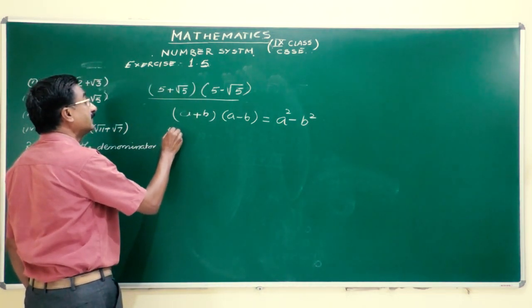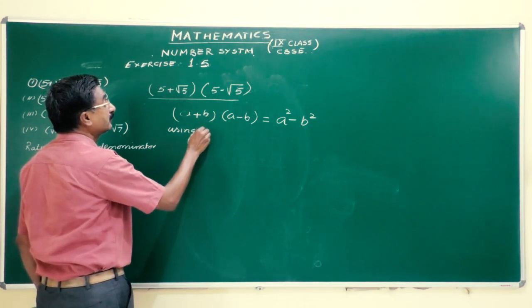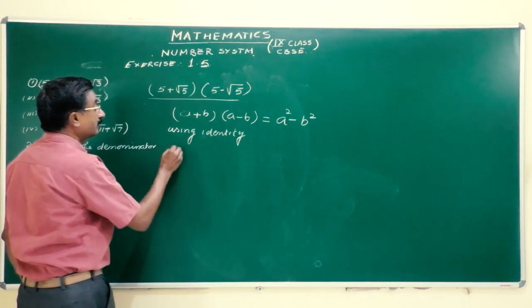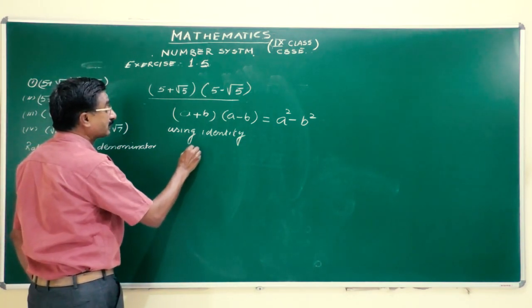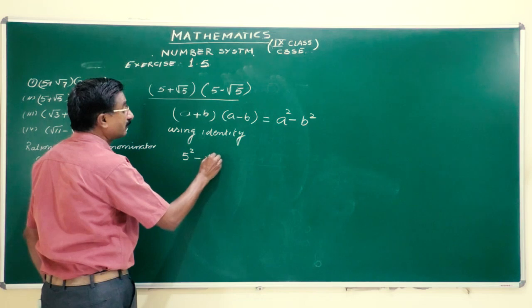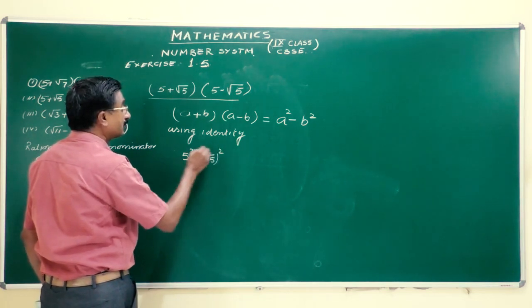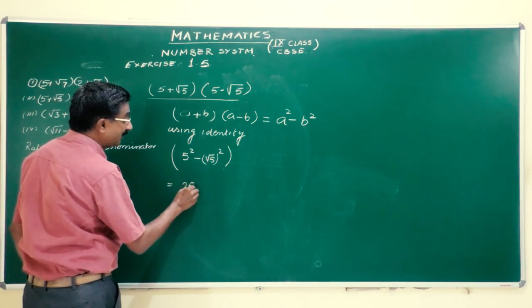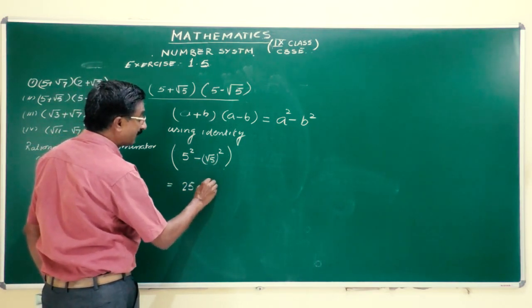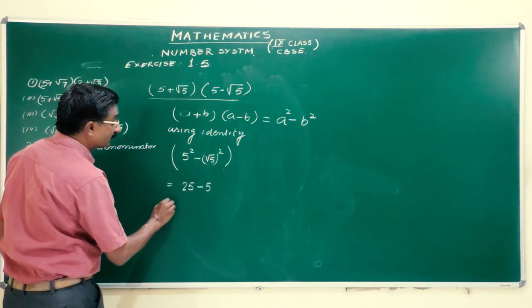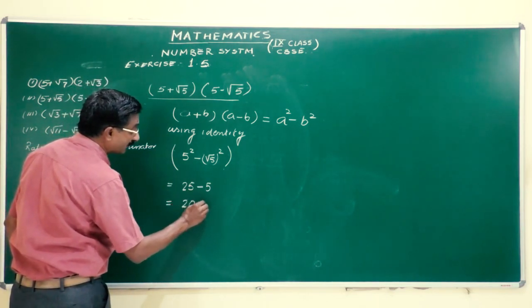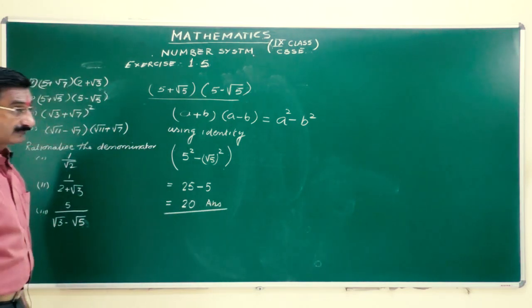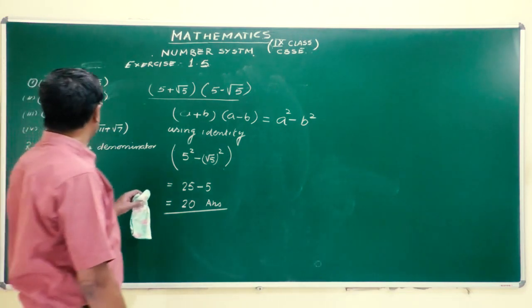Using this identity we get 5 square minus root 5 whole square. 5 square is 25 minus root 5 square, which is 5. So this is equal to 20. This is the answer. Clear?